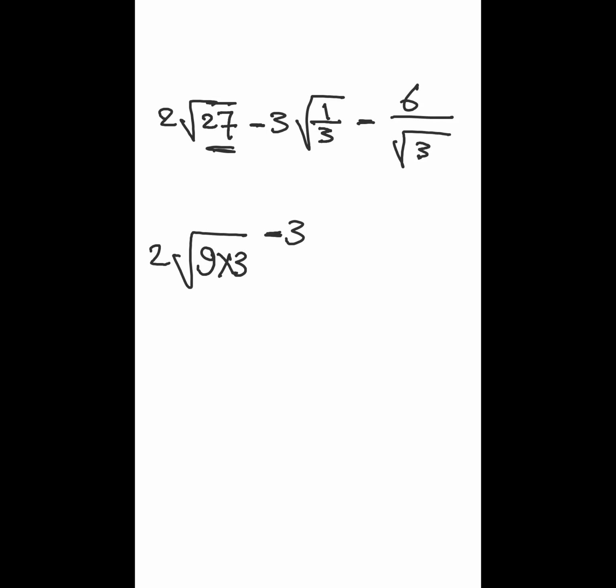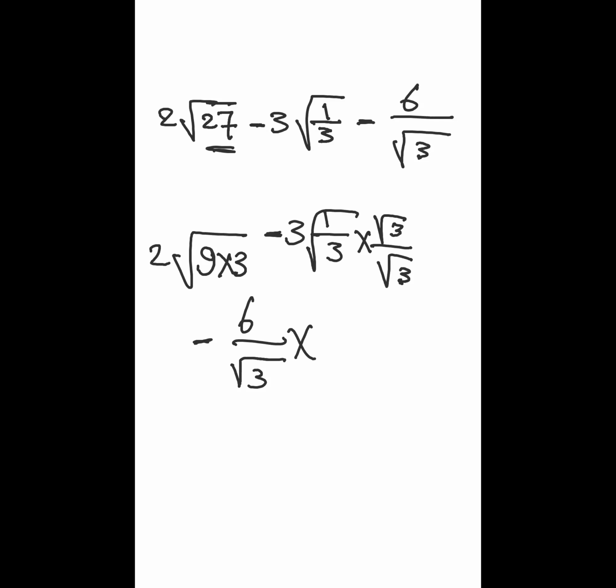I will just multiply it by square root of 3 over square root of 3. So 1 over square root of 3 times square root of 3 over square root of 3, minus 6 over square root of 3, of course also times square root of 3 over square root of 3.